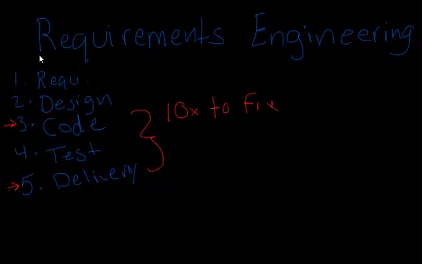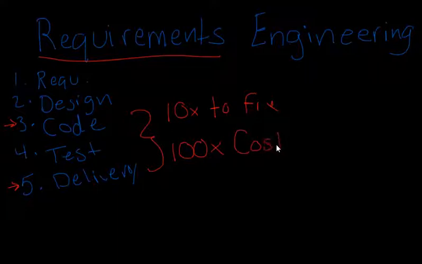But if we talk about a requirement error, that's going to increase to 100 times the cost to fix. That's the reason why it's so important to decide these requirements early and to get them very precise and well defined. Because if you wait until the end to get the feedback and you realize you got your requirement wrong because there was some miscommunication between the developer and the requirements document, that's going to cost you 100 times more.